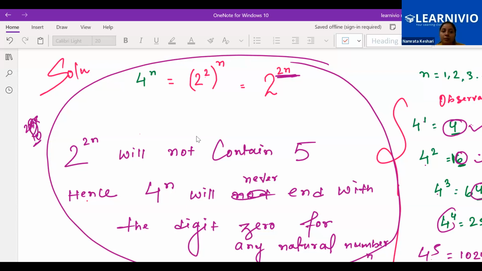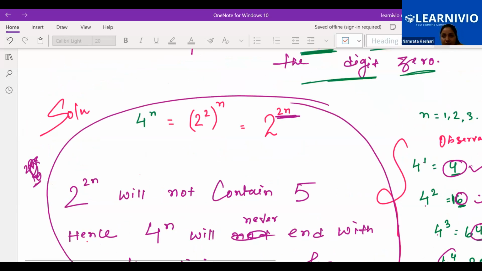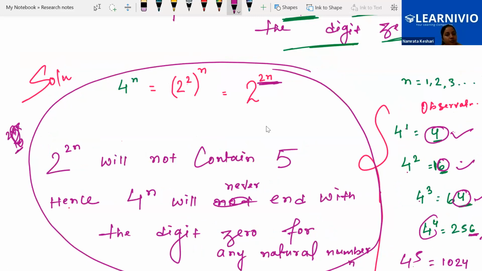If you have 5 into 5 into 5, whatever the number of times, it will not give you 0 as the last digit. Is there any example where only 5 is there and still the last digit is 0? No, ma'am. So that's what I am explaining. It is logic, and it is applicable for all numbers in mathematics.